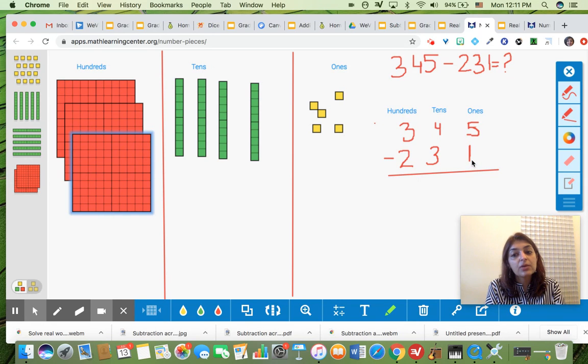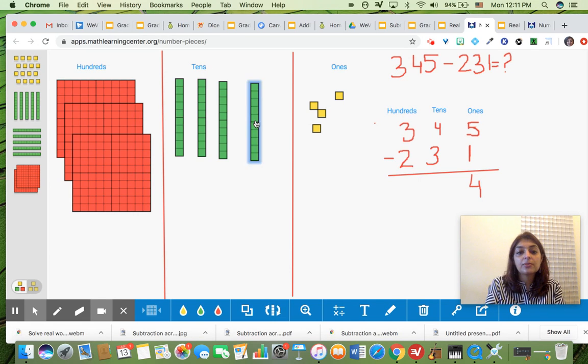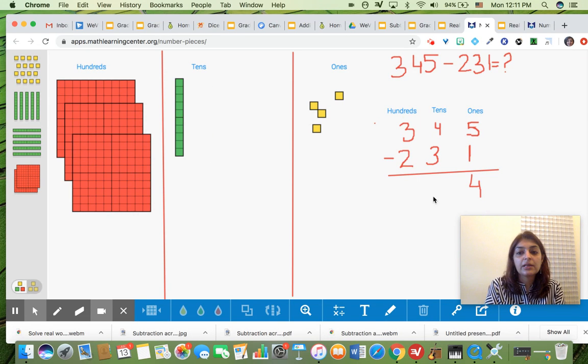Now, the first step is that I need to subtract the ones. I need to take away 1 one from 5 ones. So here we go. We take away the 1 and we know that there are 4 ones left because 5 minus 1 is 4. Let's go on to the tens now. We need to take away 3 tens. So 1, 2, 3.